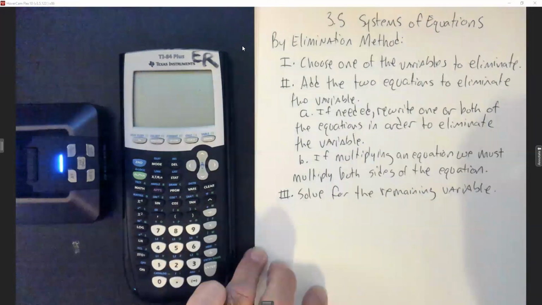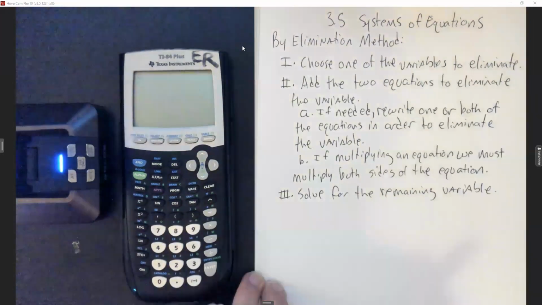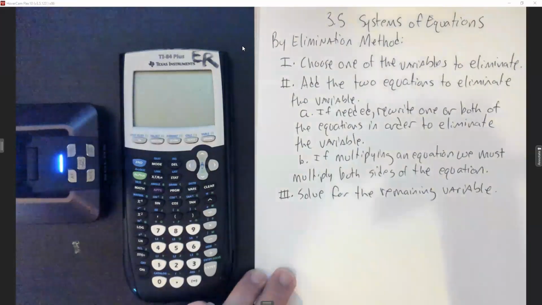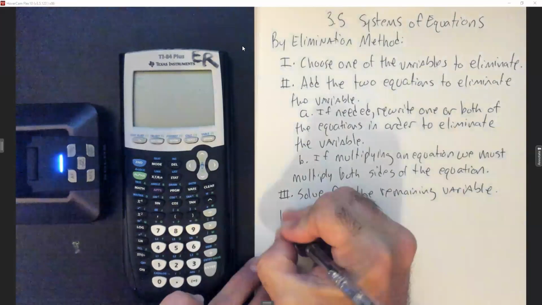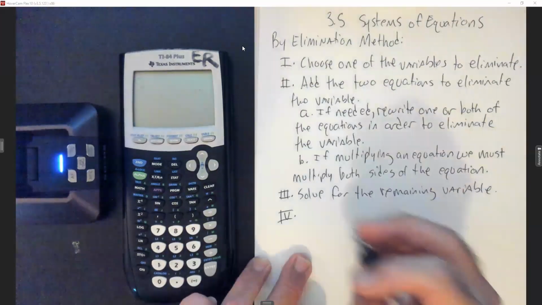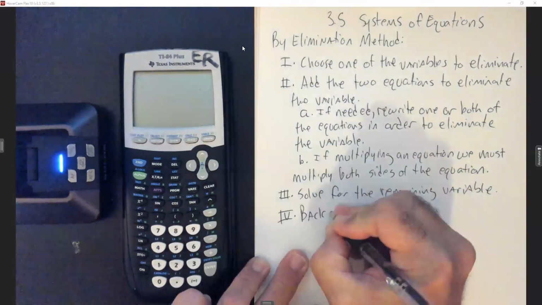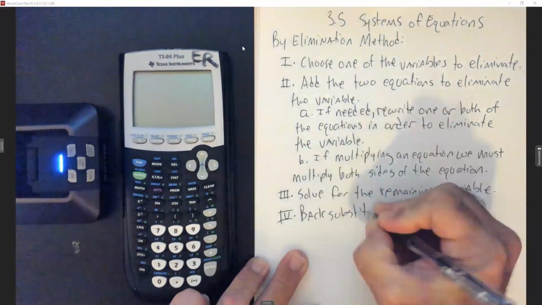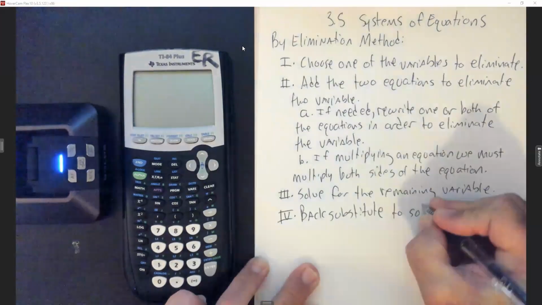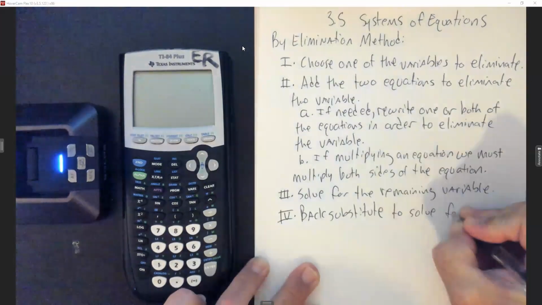So if I eliminated my y, at this point I'd be solving for my x to see what the value of my x is. Once my variable is solved for, we then do what we call back substituting. So I'm going to back substitute to solve for the remaining variables.